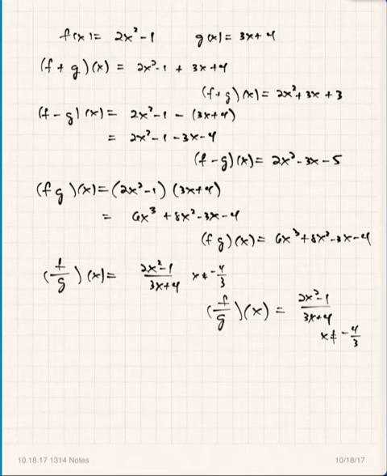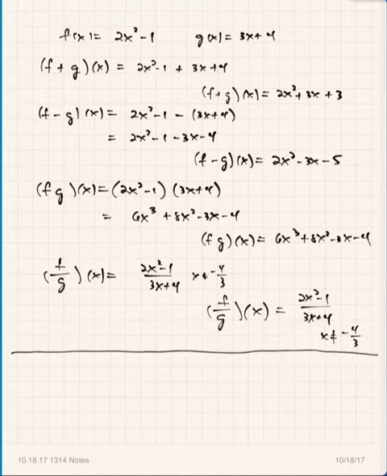if I gave you two basic functions, so this is a different example now. If I give you f of x is, let's say, the square root of x plus 1, and g of x is the absolute value of x minus 3, like that.